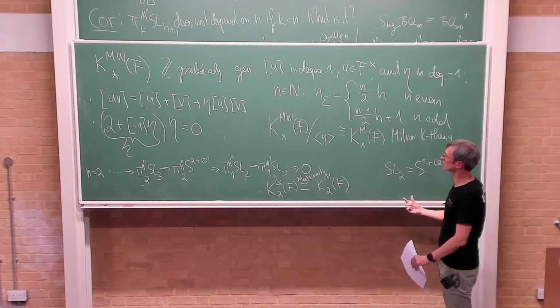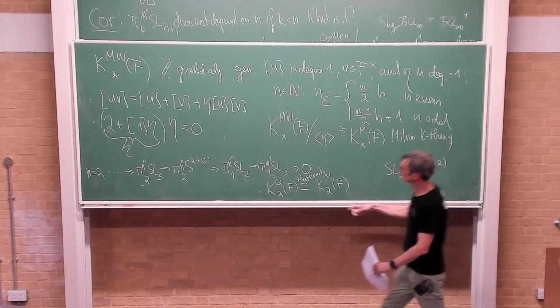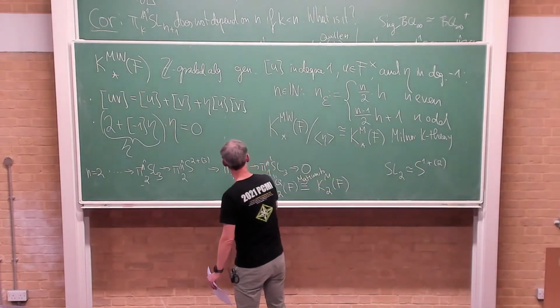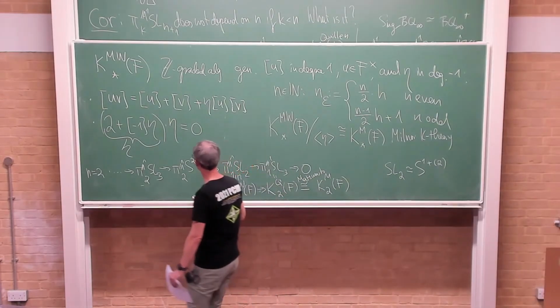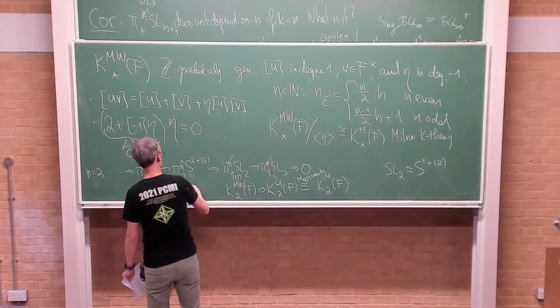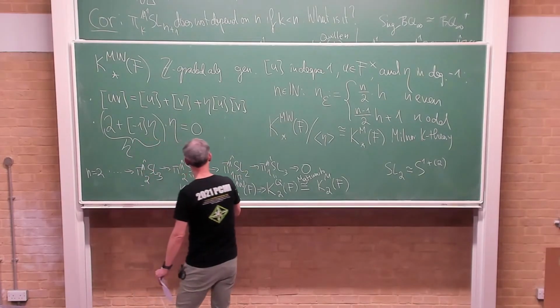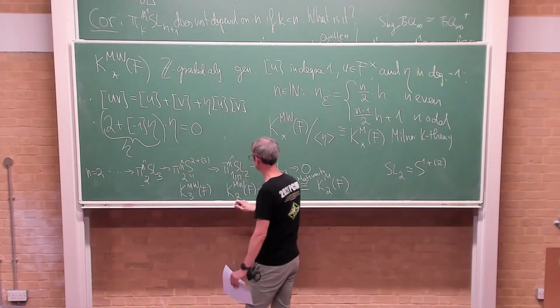Right, so this means that by Morel's theorem, this here is Milnor-Witt K-theory, and this here is also Milnor-Witt K-theory, here in degree 3, here in degree 2.